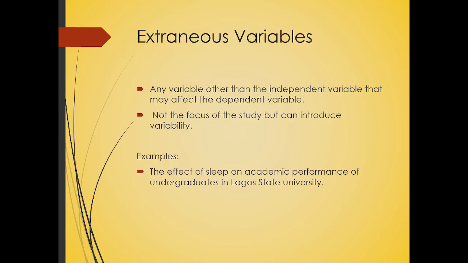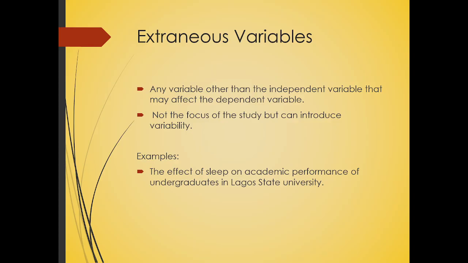For instance, our topic is the effect of sleep on academic performance of undergraduates in Lagos State University. Now, we know that our dependent variable here is what? Academic performance. And our independent variable is sleep. Now, what would an extraneous variable be? You know that stress level can affect your sleep.